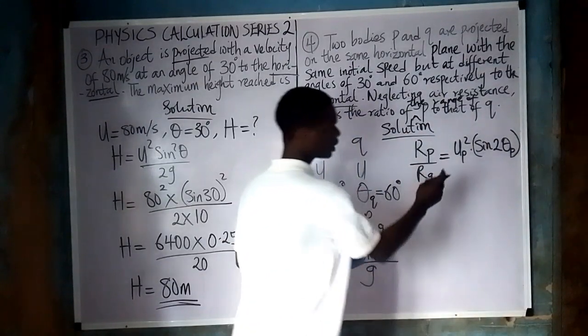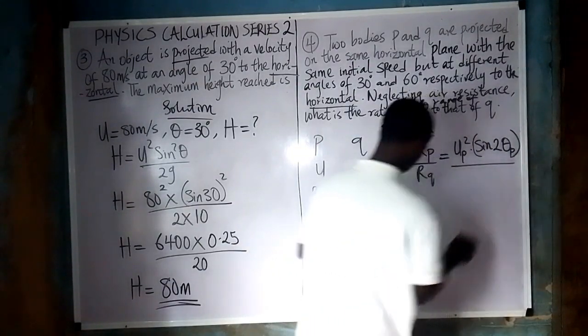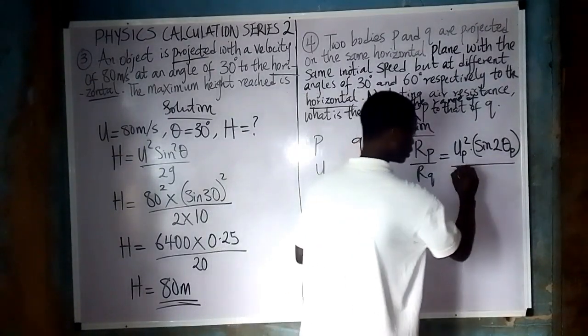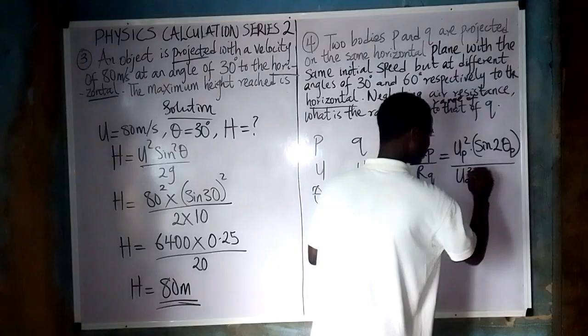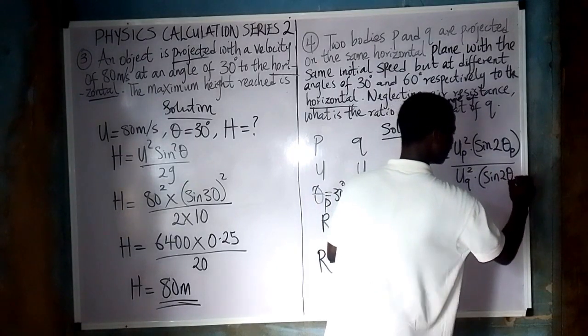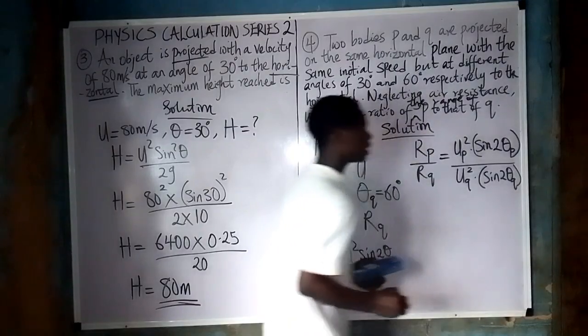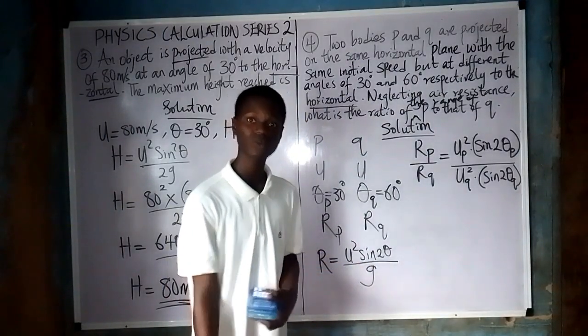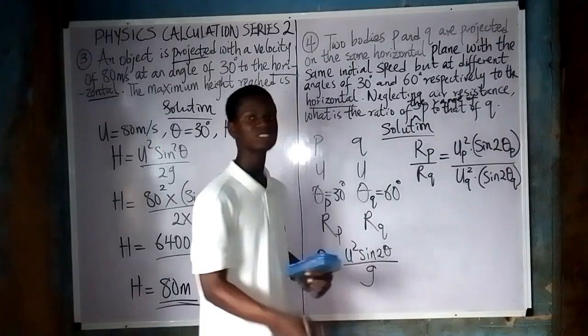Now why is it like this? We know gravity will cancel. Gravity is always constant, so we are working with what is not constant.